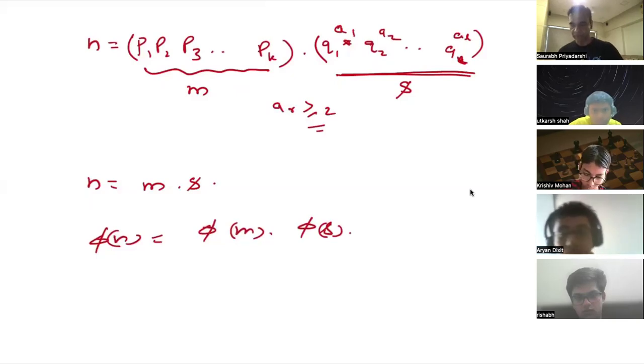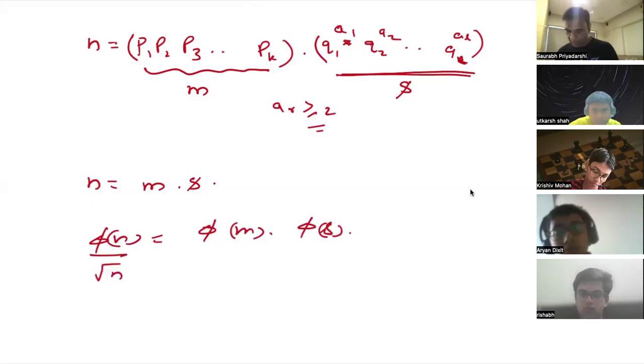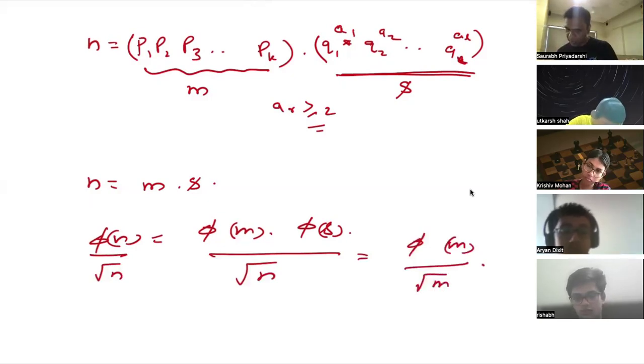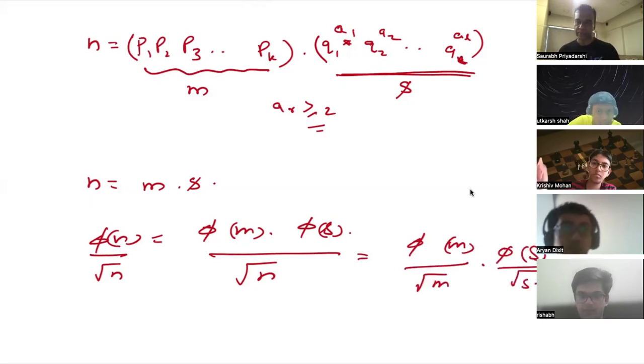Or I can say, dividing by under root of n, phi of n by root n is phi of m by root m into phi of s by root s. Is it okay? So exactly we are getting the numbers now. No doubt till this?